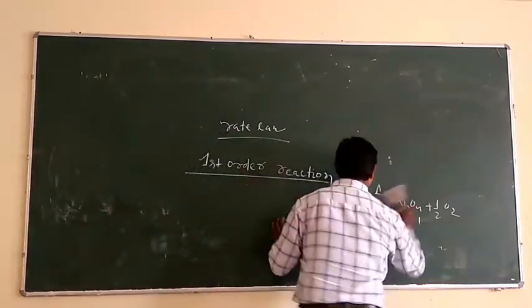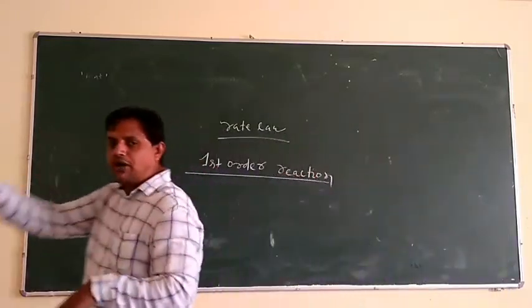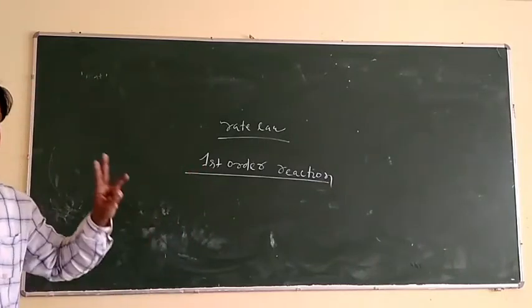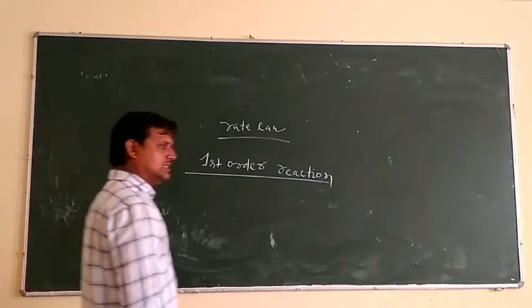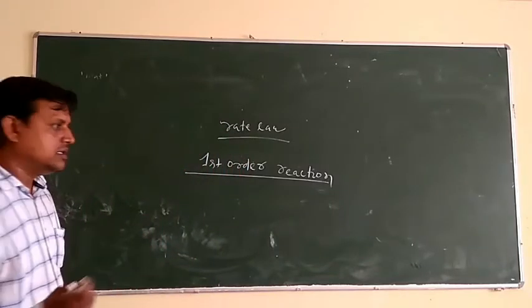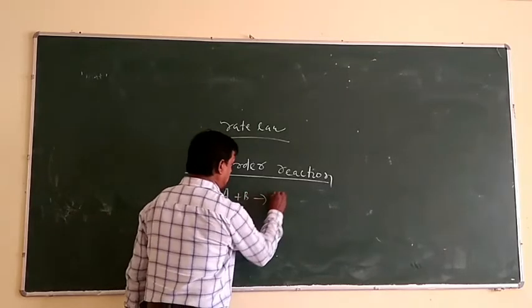So what is second order reaction? If the sum of the powers in the rate law equation is 2, then we can say it is a second order reaction. For example, A plus B gives product.